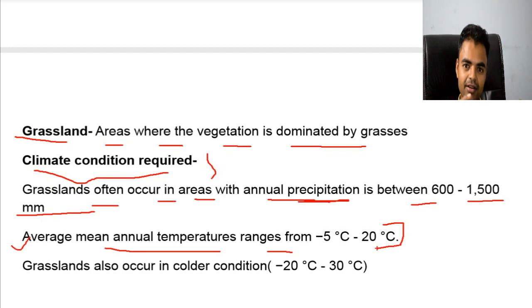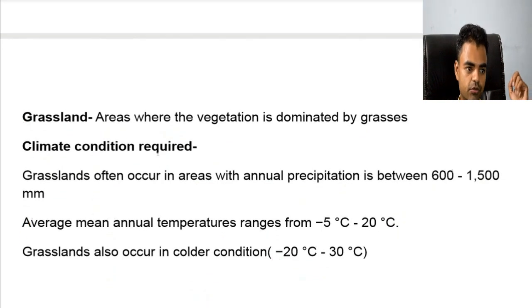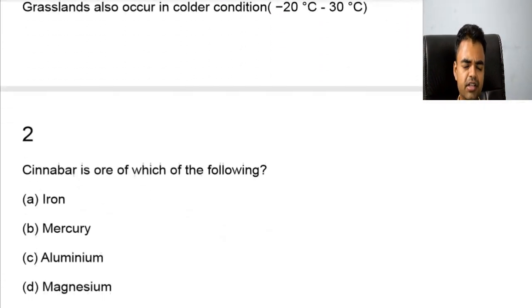If you want that temperature range, if you go to the Darjeeling side, you can get that type of temperature range. But yes, this is also true: in a much colder region we can also get grassland conditions. Minus 20 degrees centigrade, we have also seen this kind of condition.